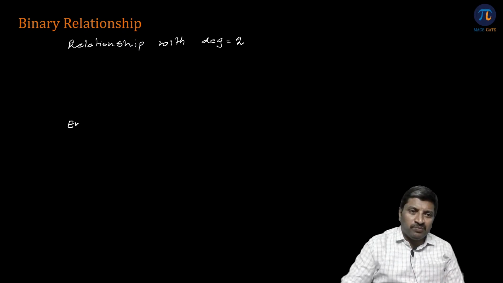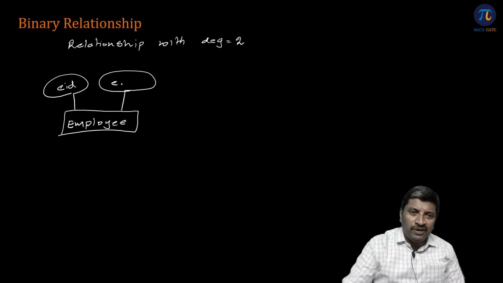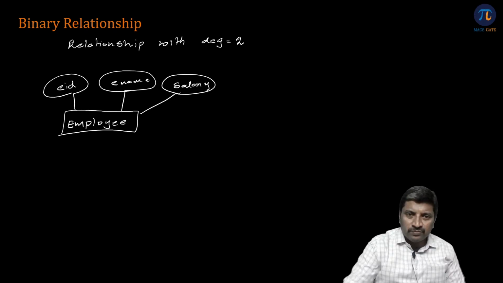The simple example is employee is my entity. For employee, let us consider some attributes. Employee ID, employee name, and I might want to consider salary also. Okay.